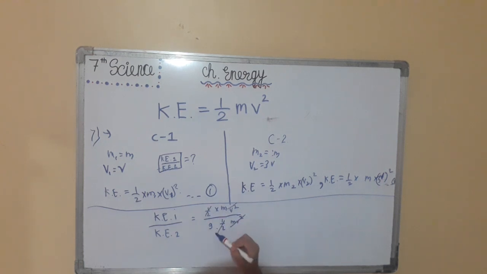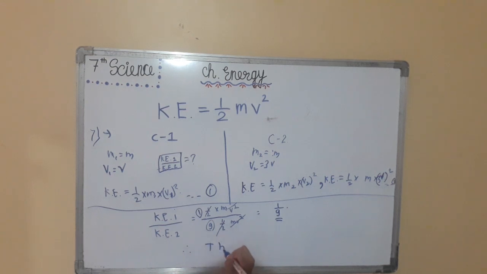Half and half will be cut, the remaining is 9 in the denominator, and kinetic energy 1 we take as 1 upon 9.